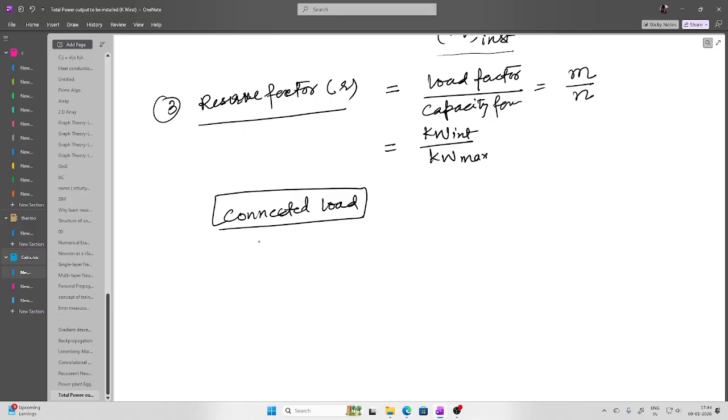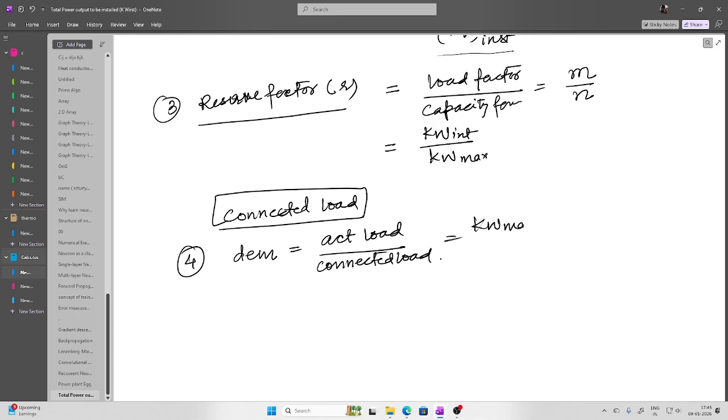So demand factor comes into the picture now for a particular type of consumer, and that is basically the actual load to that of the total connected load. So this is nothing but kilowatt maximum, and this is kilowatt connected. This denominator is the sum of all.